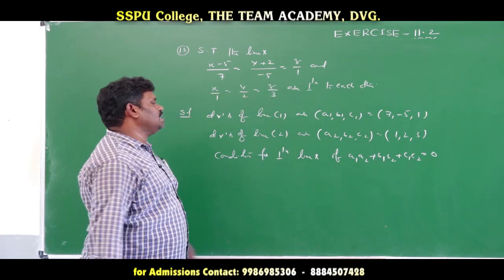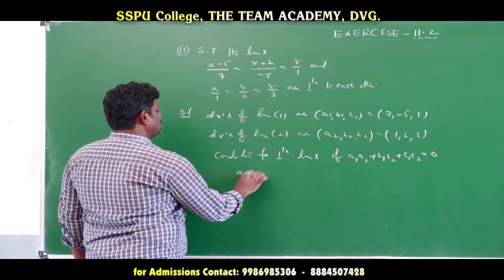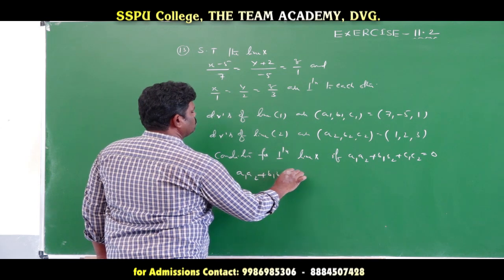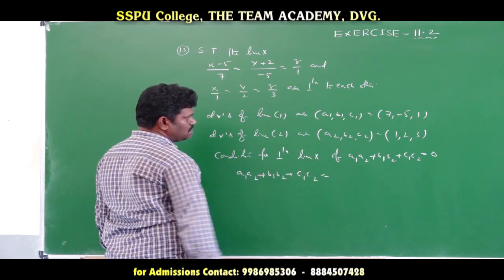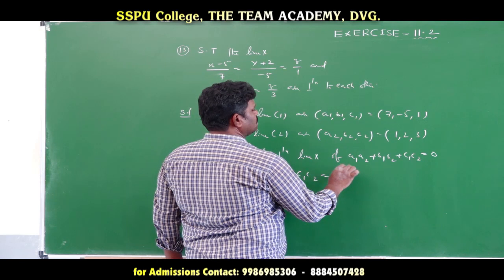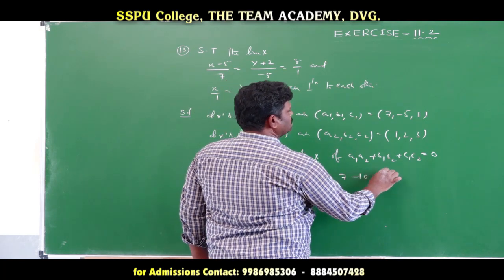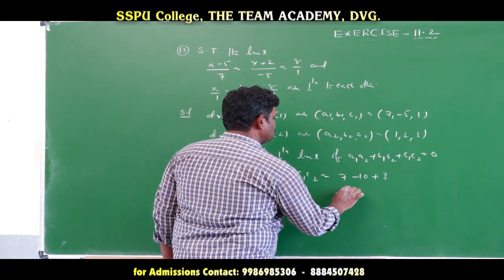Verifying, a1 a2 plus b1 b2 plus c1 c2 is 7 into 1, 7, minus 10, plus 3, which is equal to 0.